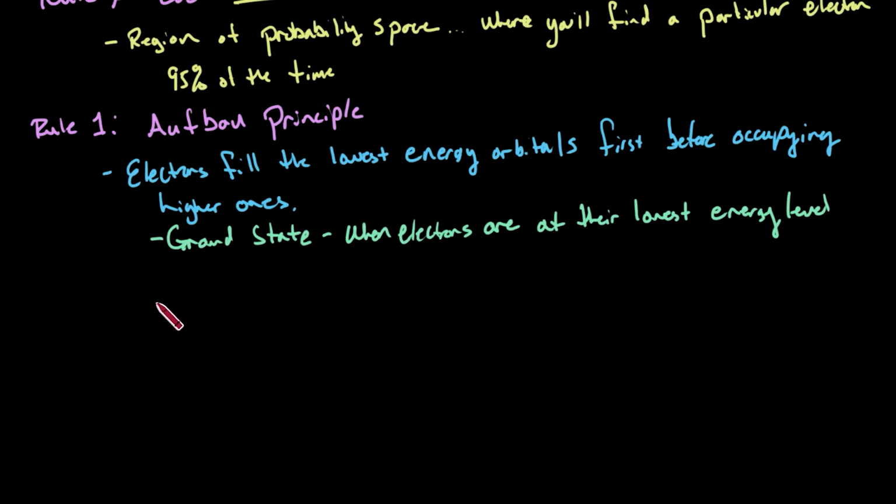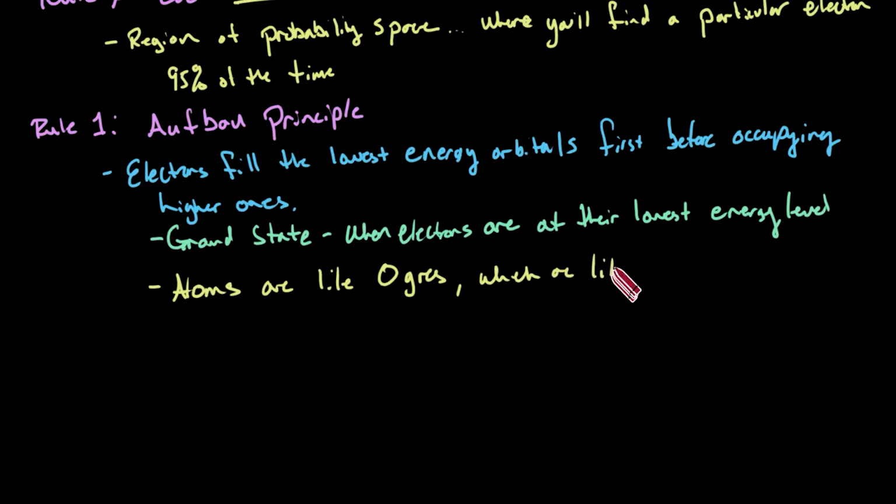Okay, and this is because atoms are like ogres, which are like onions. They have layers.